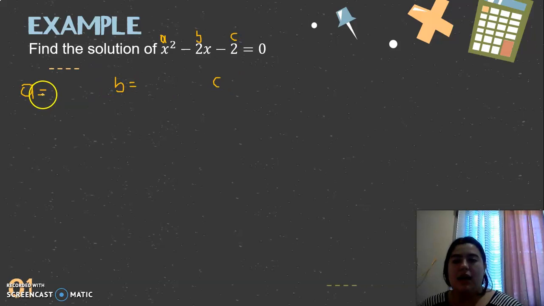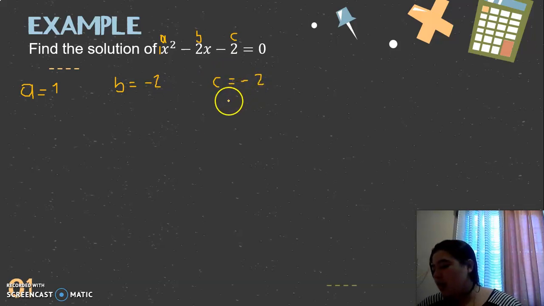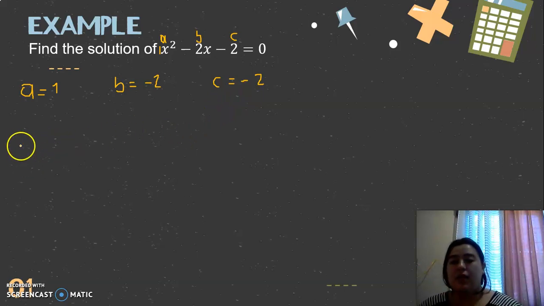That means a equals 1, because if we don't have a number, it means it's 1. b is negative 2, and c is negative 2. Now we have to substitute the values of a, b, and c in the general formula.